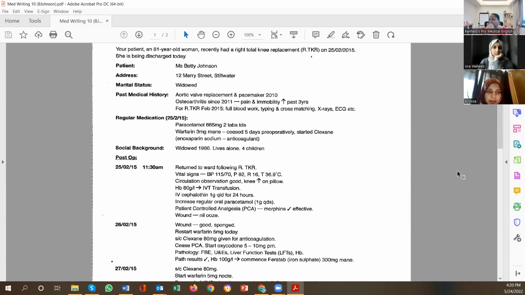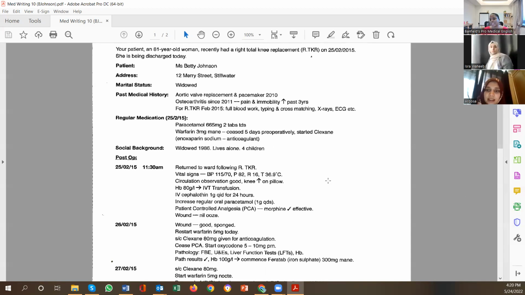So this is the referral letter to the patient Johnson's GP, from the surgeon. Mr. Johnson underwent a right total knee replacement because of osteoarthritis.